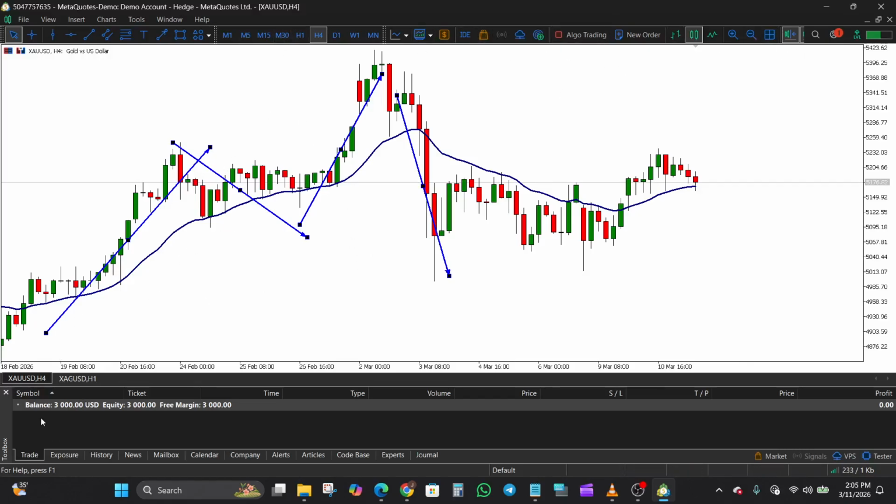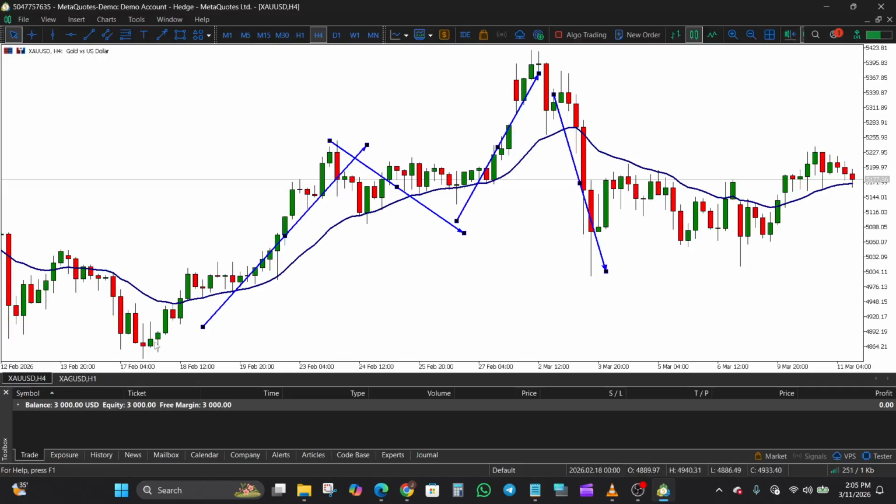You can see from this particular example, this was a low, this was a high, this was a higher low, this was a higher high, right? So you can see we had higher highs and higher lows in this particular context, showing an uptrend, okay?